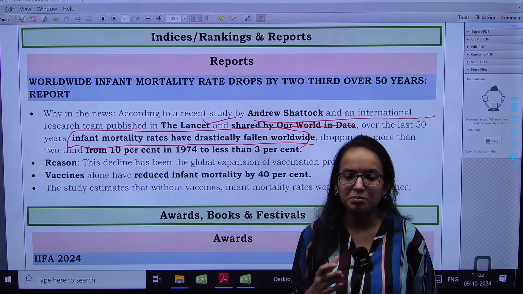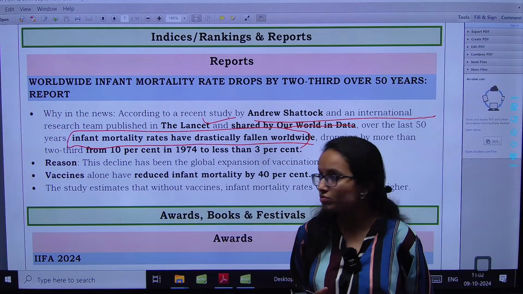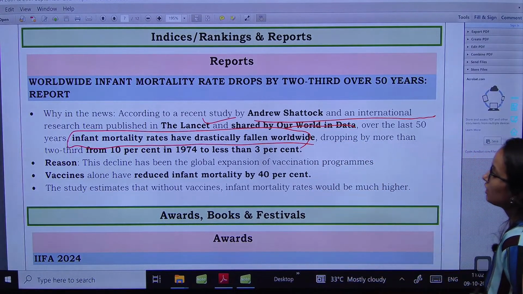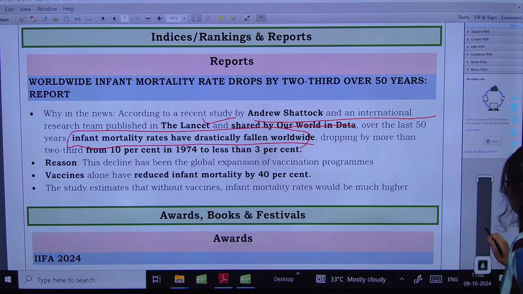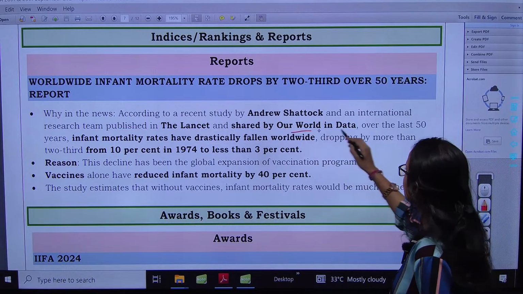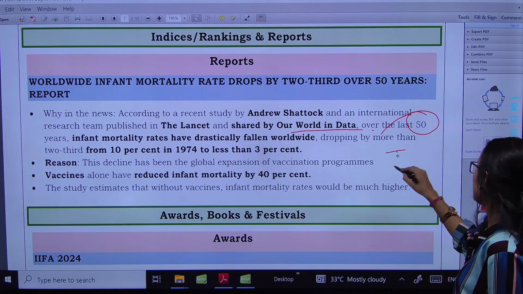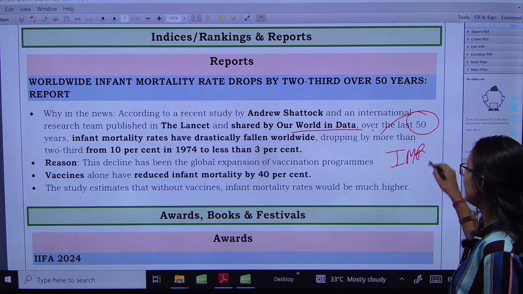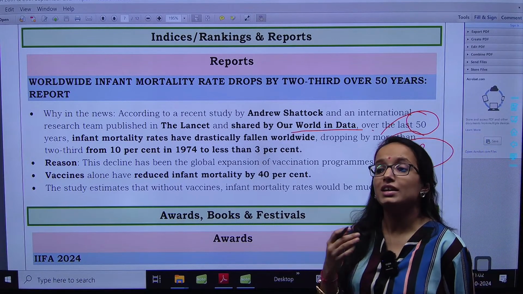You have seen IMR, MMR data being asked in several previous examinations. So please remember, this was a recent study by Andrew Shattuck and an international research team, published in the Lancet and shared by Our World in Data. Over the past 50 years, the infant mortality rate has not only fallen down, but has fallen down drastically.